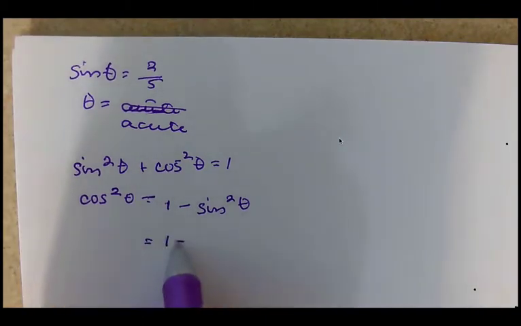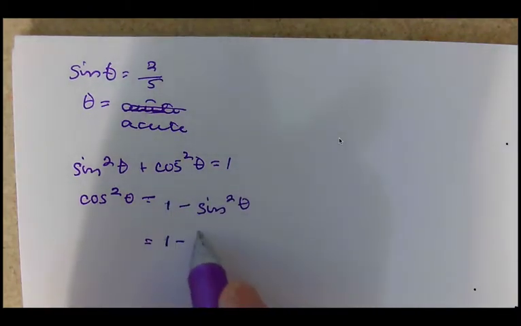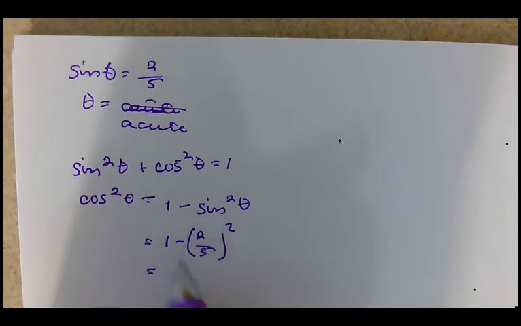Again, we have 1 minus, I'm going to plug and chug, we got 2 over 5. Of course, this is squared. Write it out, so we got 1 minus 4 over 25.